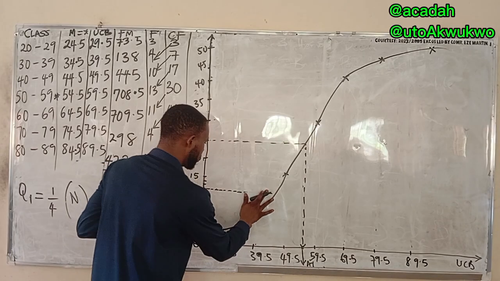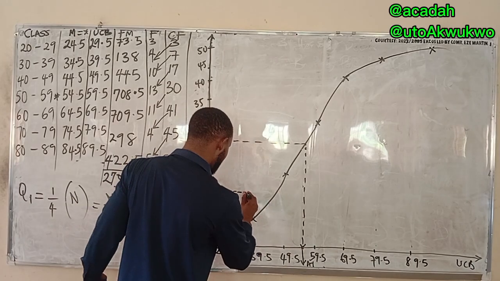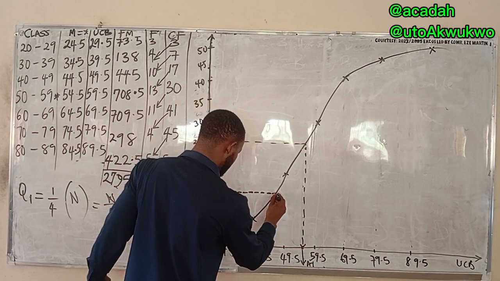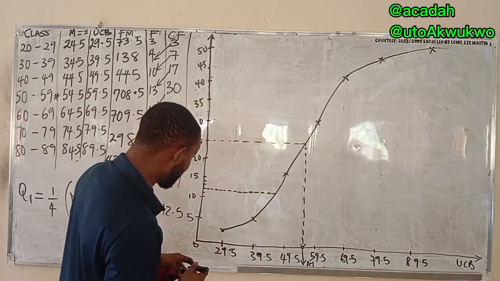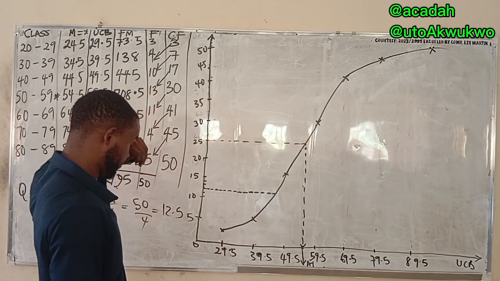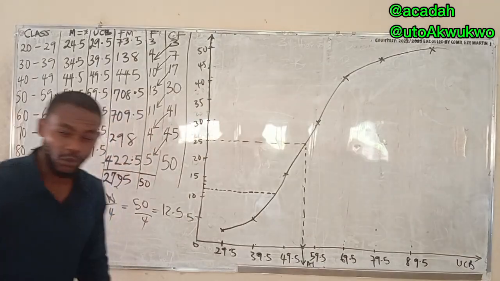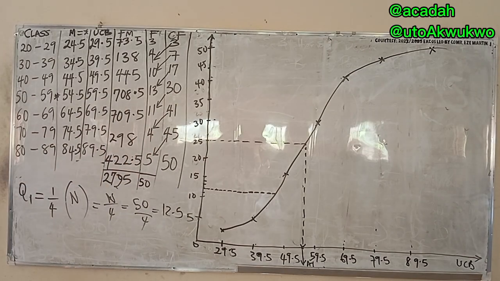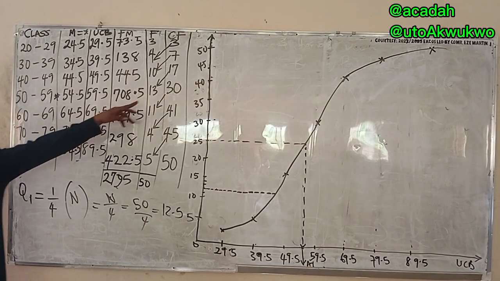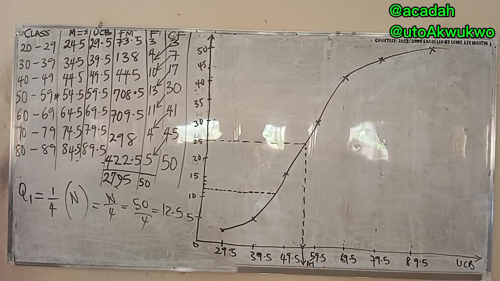Any other method of doing this is just proving methods by someone that already knows this one. Those proving methods are like shortcuts, and those shortcuts don't work if you don't know this. Because I can easily tell you, when you find mode, the possibility of you finding median in the same class is high.